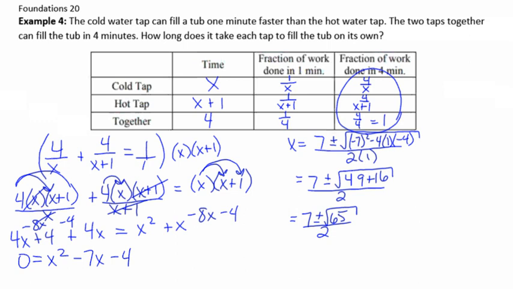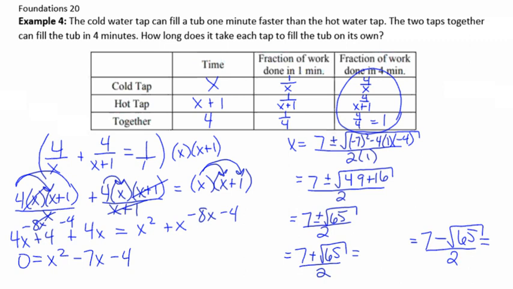But since we're going to be solving for minutes anyways, we just need to find the approximate value by plugging that into our calculator. 7 plus root 65 over 2, and 7 subtract root 65 over 2. So those will be our two answers.